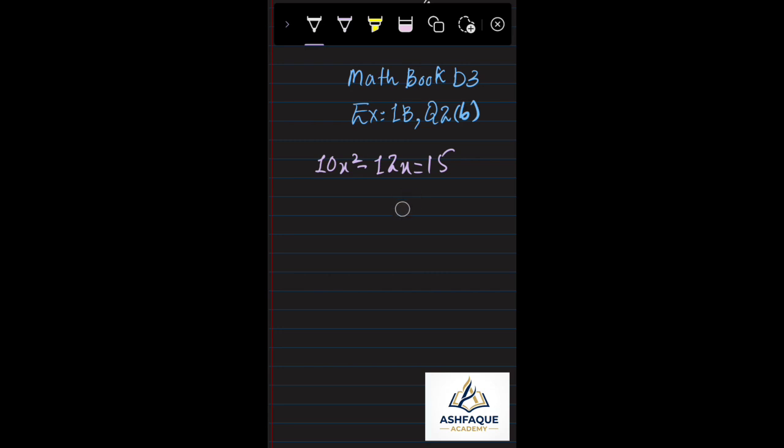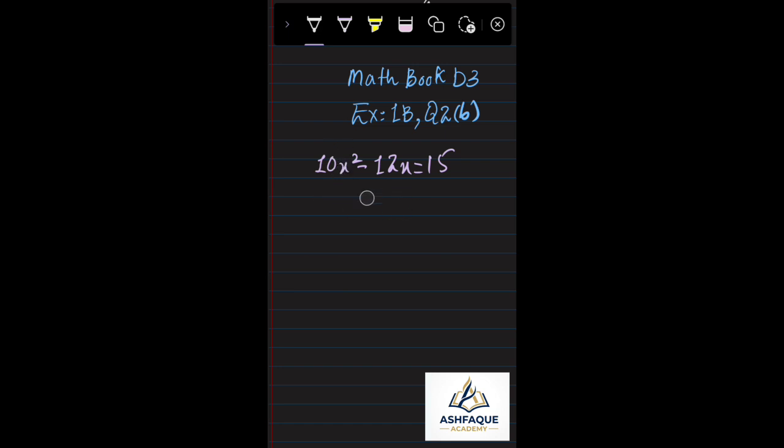Now we have another part, that is 10x square minus 12x is equal to 15.